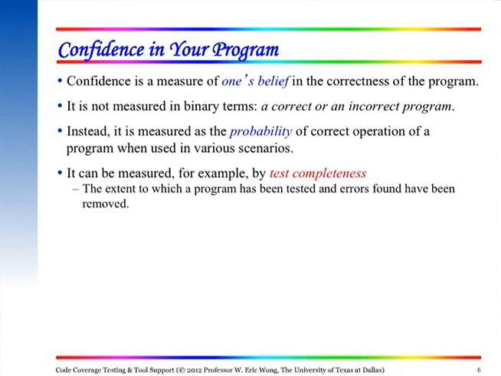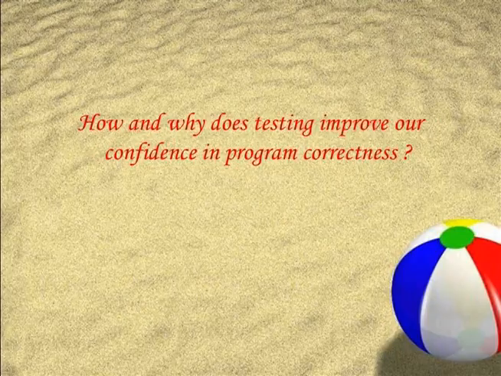That is exhaustive testing. And we cannot do it because it's too expensive. Okay. Then what is the option we have? We said we're going to discuss coverage-based testing. Then the first question you need to ask yourself is, how does this improve your confidence in program correctness?